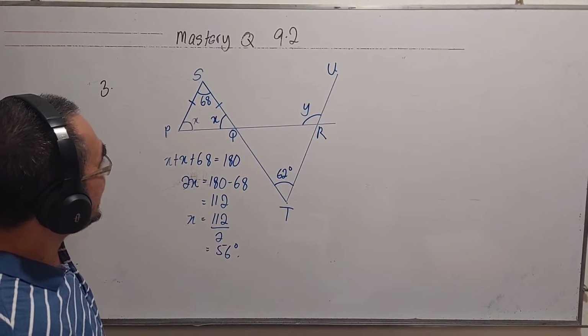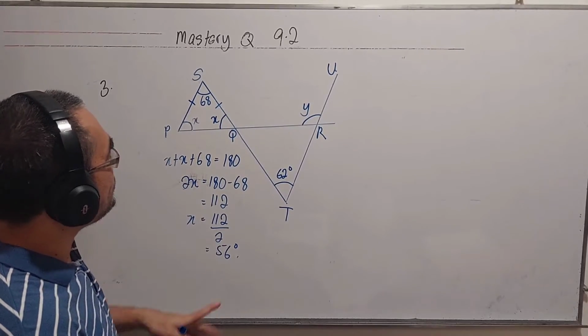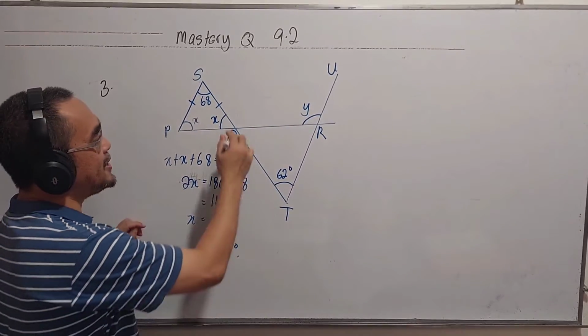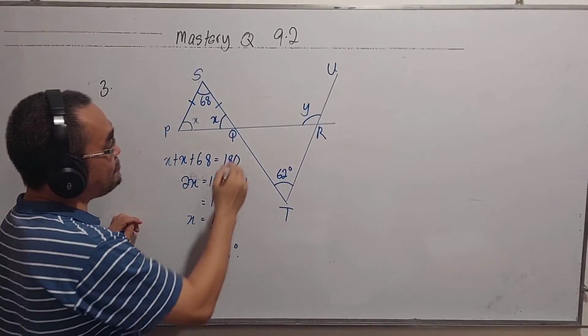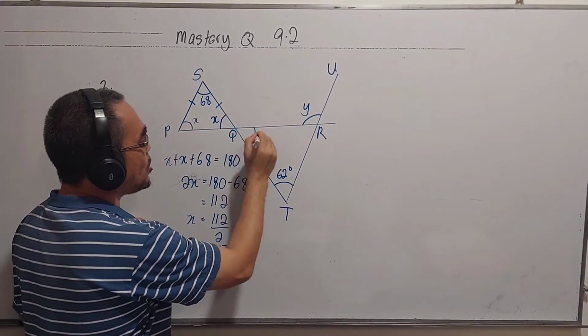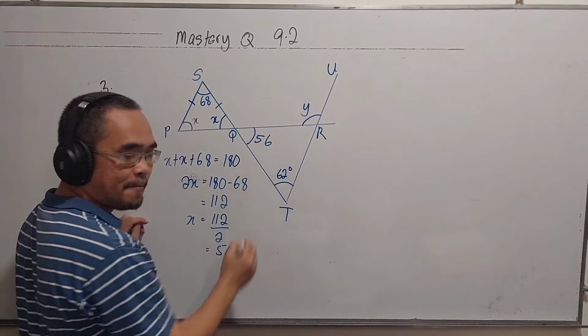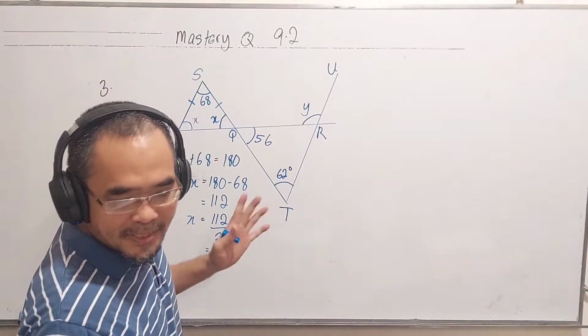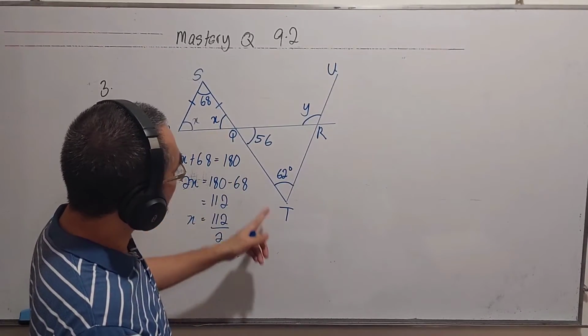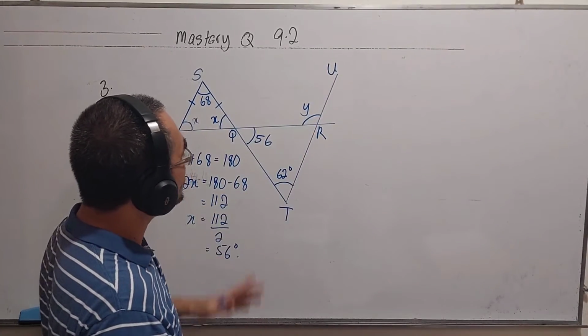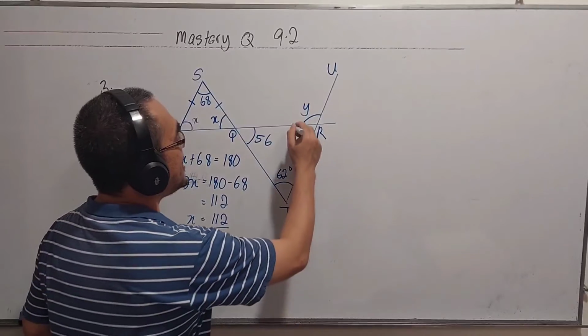Then, in order to solve Y, we have to solve the triangle first. We have X as 56. This is also 56 degrees, from the syllabus that you learned earlier. In this case, QT is not equal to TR, so we do not know the angle here.